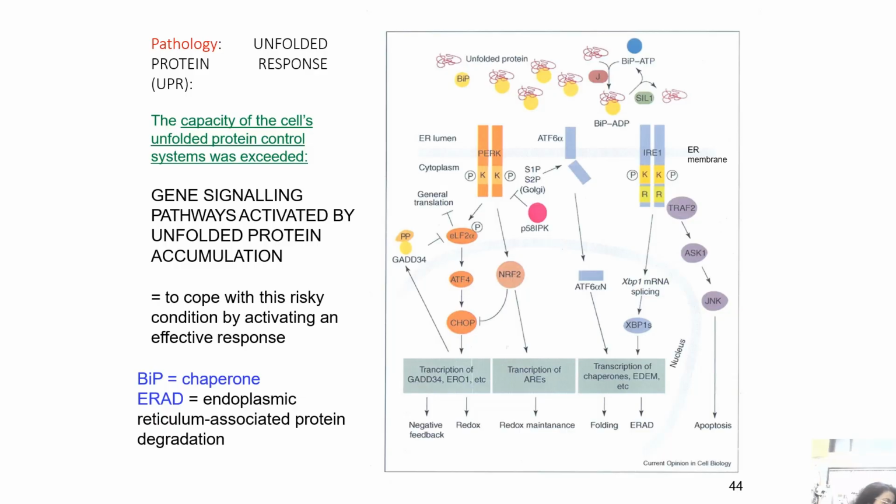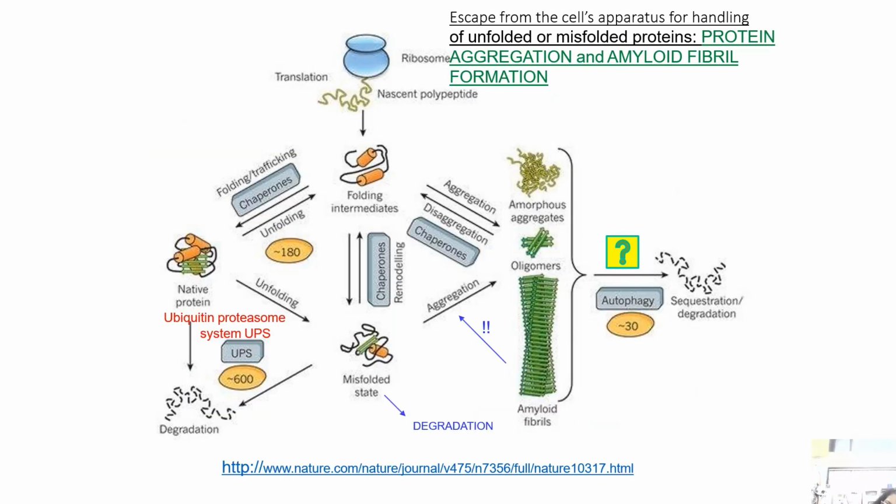When the capacity of the cell's unfolded protein control systems is exceeded, gene signaling pathways are activated by unfolded protein accumulation, to cope with this risky condition by activating an effective response. So escape from the cell's apparatus for handling unfolded and misfolded proteins.